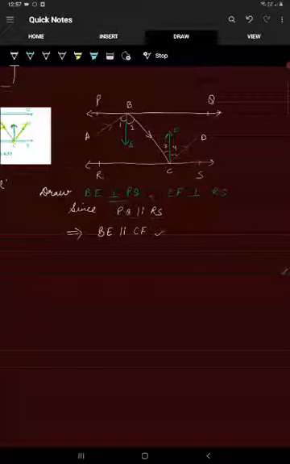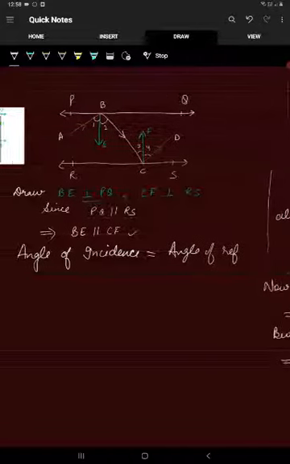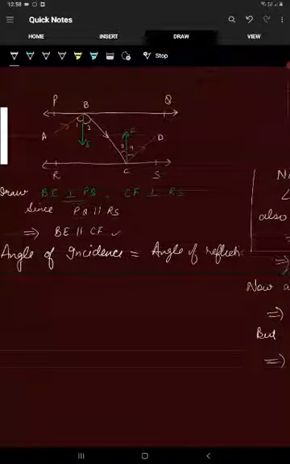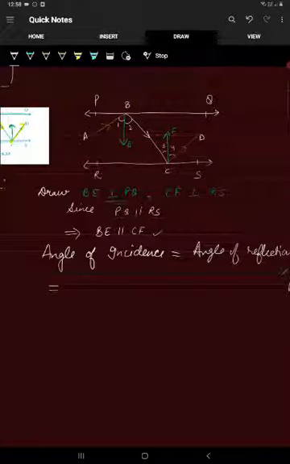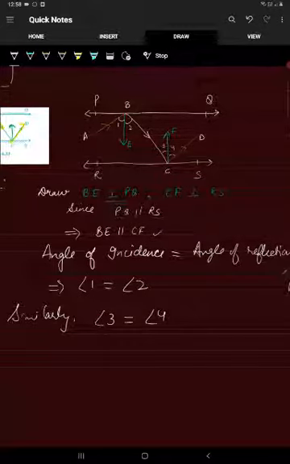Now, as we know that the angle of incidence is equal to the angle of reflection, this implies angle 1 is equal to angle 2. Similarly, when the BC ray is incident, angle 3 will be equal to angle 4.